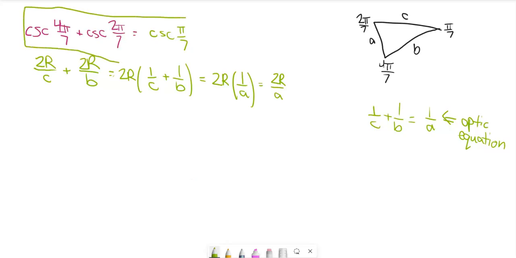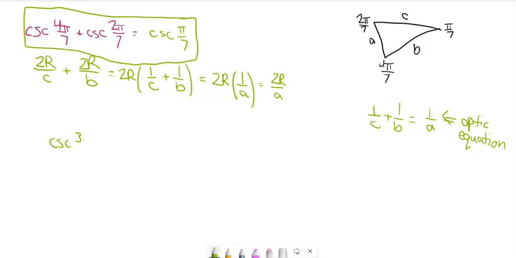So the cosecant of 4 pi over 7 plus the cosecant of 2 pi over 7 equals the cosecant of pi over 7. And remember, the cosecant of 4 pi over 7 is equal to the cosecant of 3 pi over 7 because it is the reciprocal of the original sine ratios.